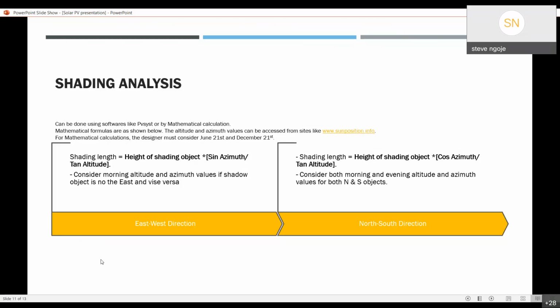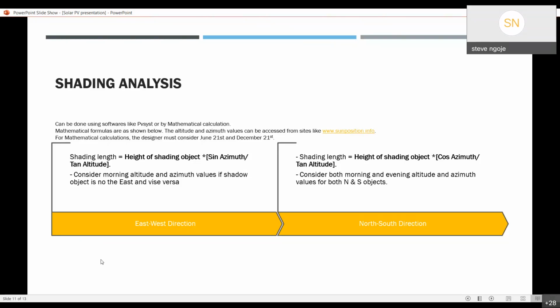Mostly we consider June and December, those are the days when the sun is at different locations. You'll get your maximum shade length on those occasions, especially December, because it's a shorter day.